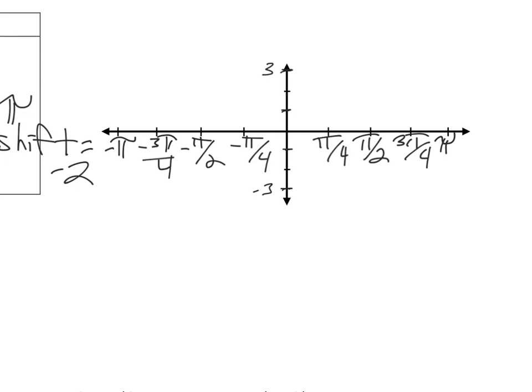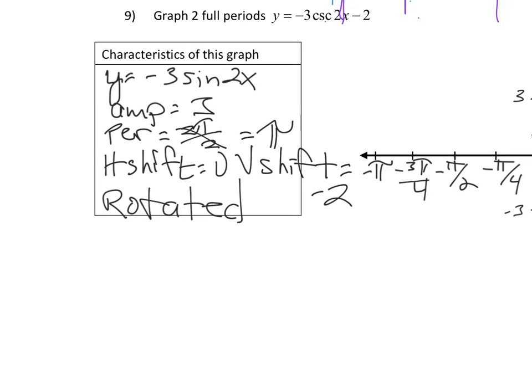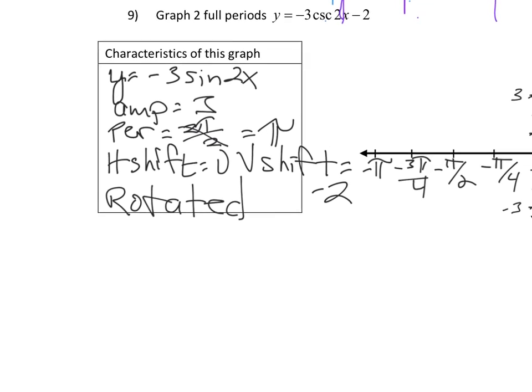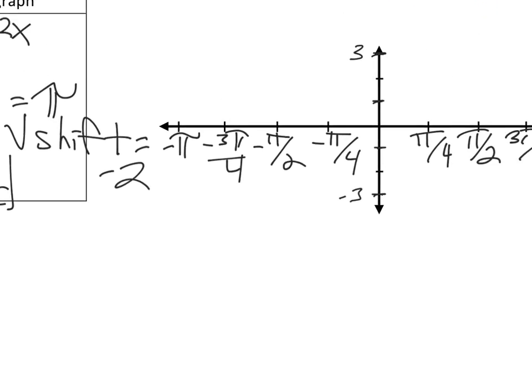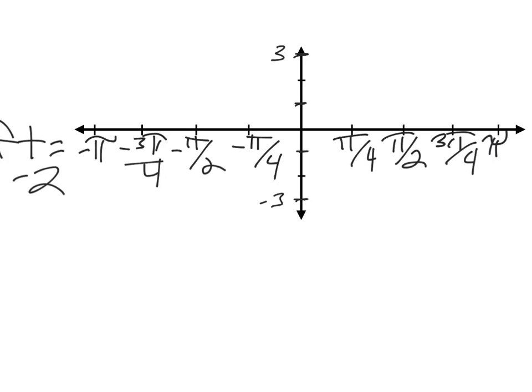Step 1, lay down the points for our underlying function. All right, so I have an amplitude and period, so it's a sine function. Sine starts here, but being rotated, it's going to go down to negative 3, 0, 3, back to 0.